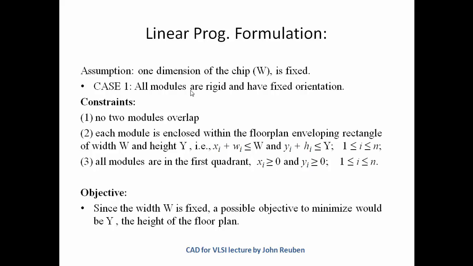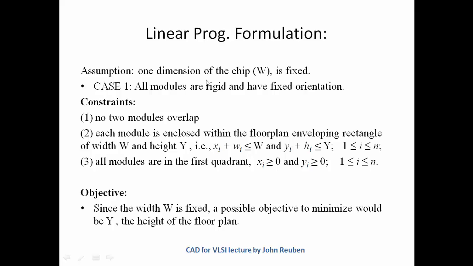Now you see, in the floor planning problem, our objective function is that the area must be minimized, and you know that area is width into height. But then if you want to formulate it as a linear program, the objective function also must be linear. So to linearize the objective function, we assume that one of the dimensions of the total floor plan, the global bounding box, is fixed.